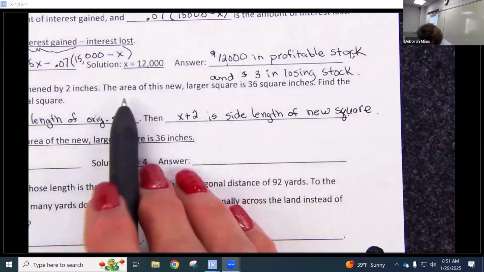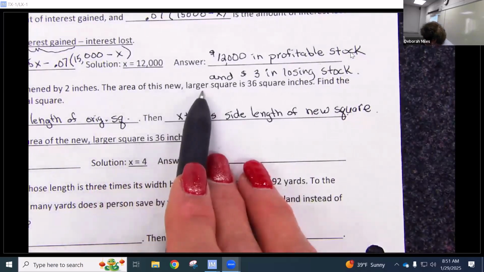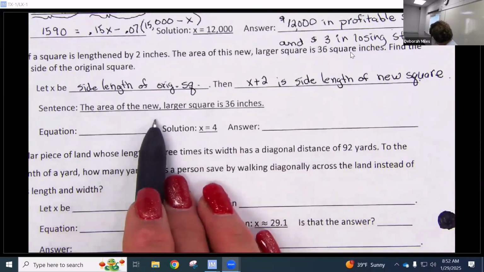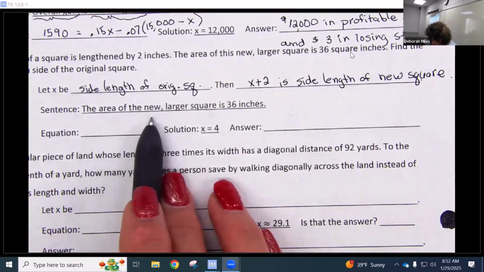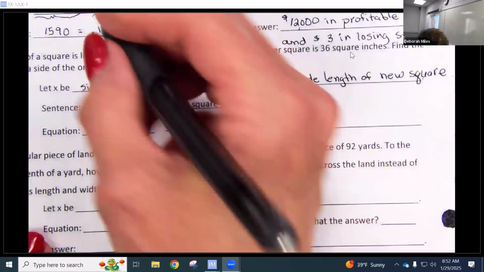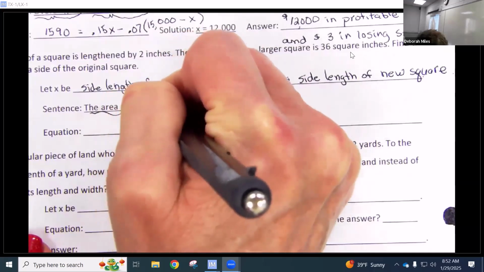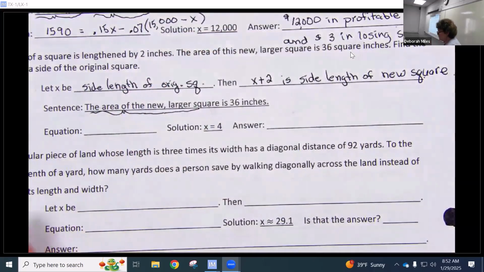And then the other sentence says the area of the larger square is 36 inches. So it gave me my sentence right there. The area of the large square is 36 inches. What can I put in place of area of the new larger square?